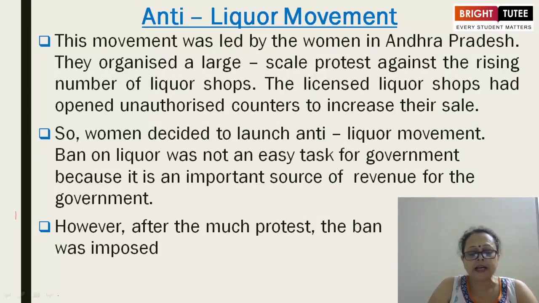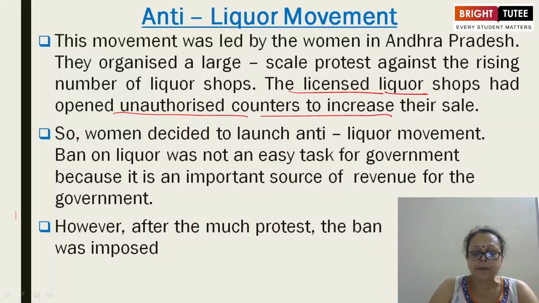They organized a large-scale protest against the rising number of liquor shops. The licensed liquor shops opened unauthorized counters to increase their sale. So people had easy access to liquor.